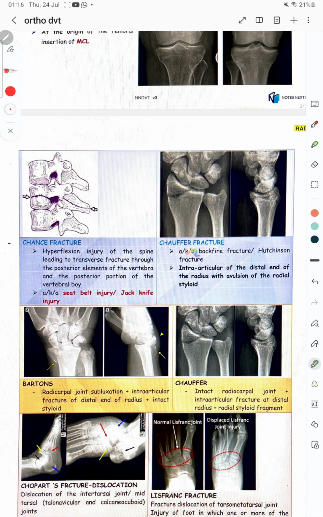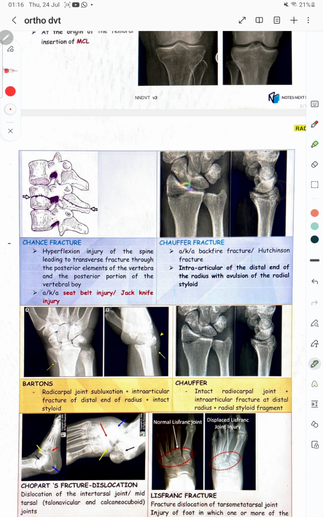Then Schoffer's fracture, which is also known as backfire fracture or Hutchinson fracture. So earlier the cars were chauffeur driven. So it was seen that the styloid process used to break.